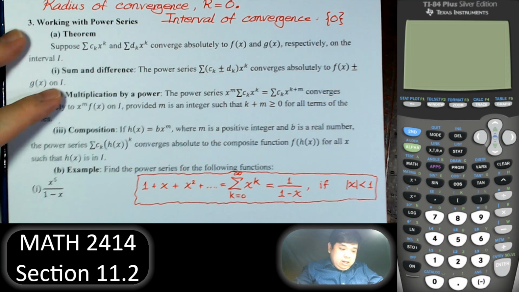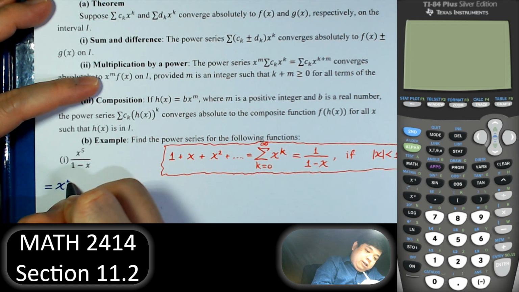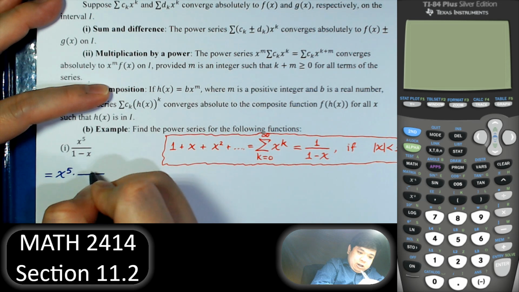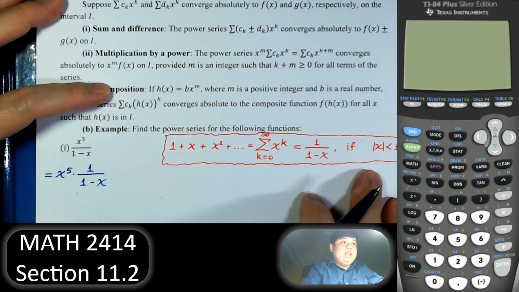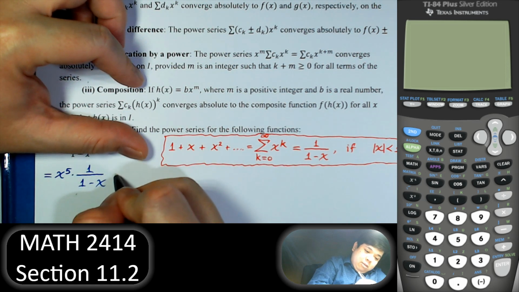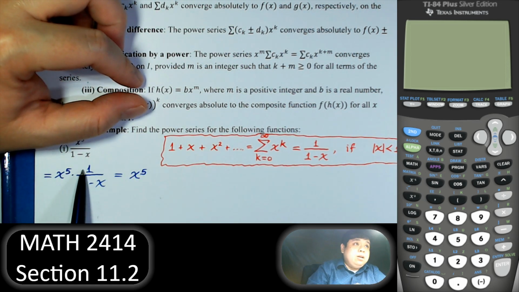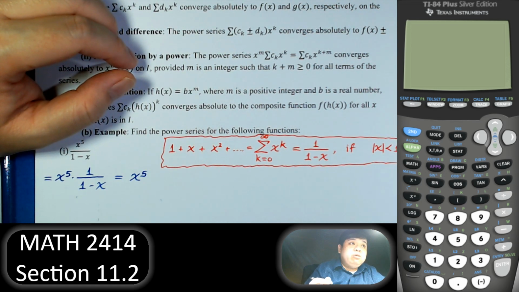First, it's very easy. I'm going to bring out the x to the 5th, and then I have 1 over 1 minus x. Now using this theorem, we write that as a series, or we can put this in the summation form.